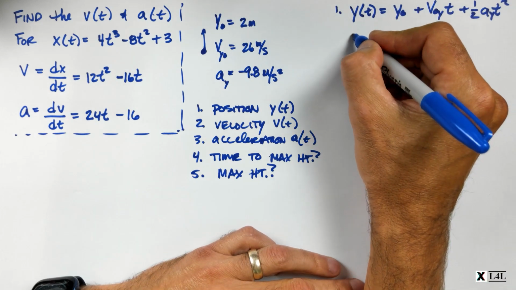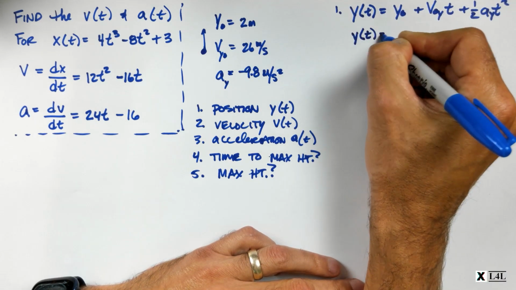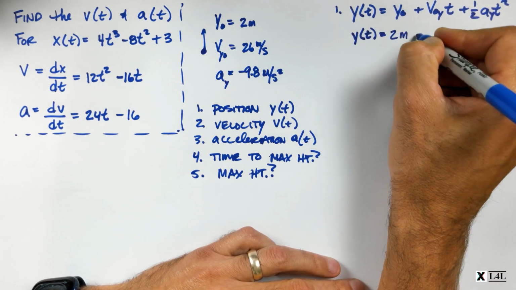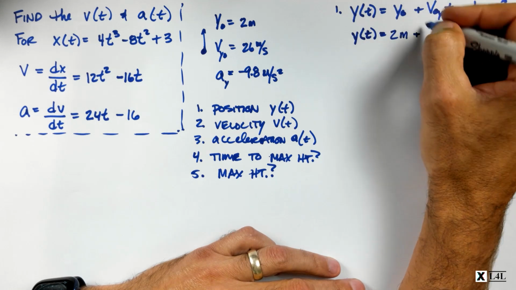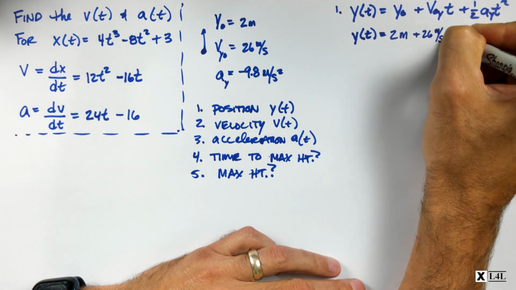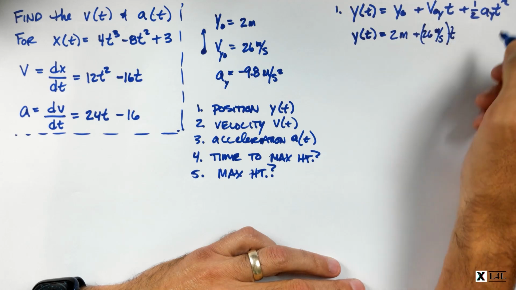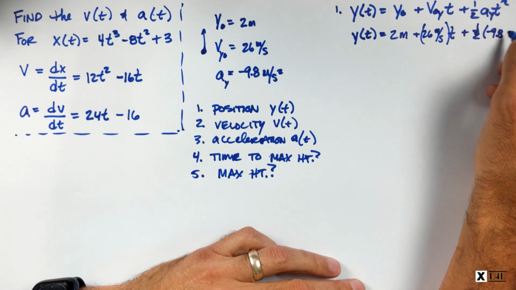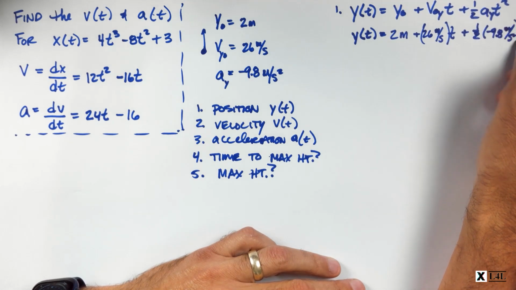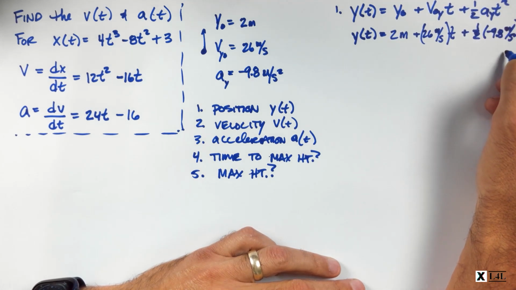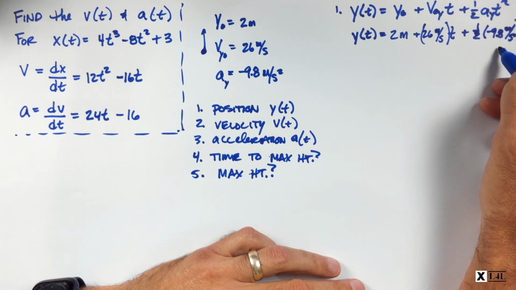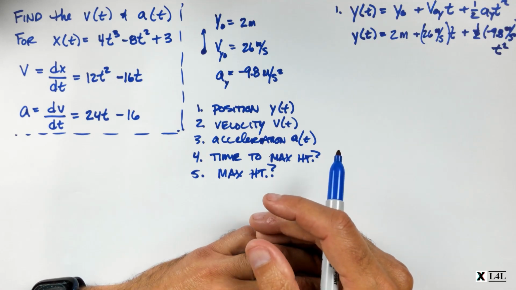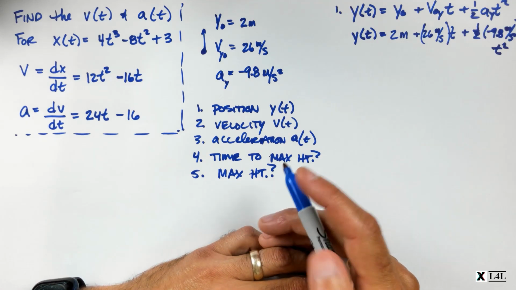So let's go ahead and plug this in. The position function was 2 meters plus my initial velocity of 26 meters per second times time plus 1/2 times negative 9.8 meters per second squared times t squared. That's our position function there.